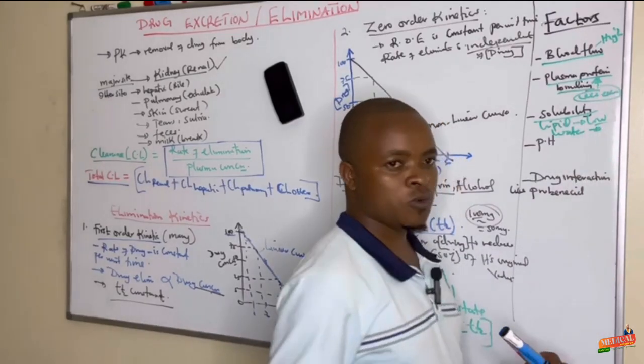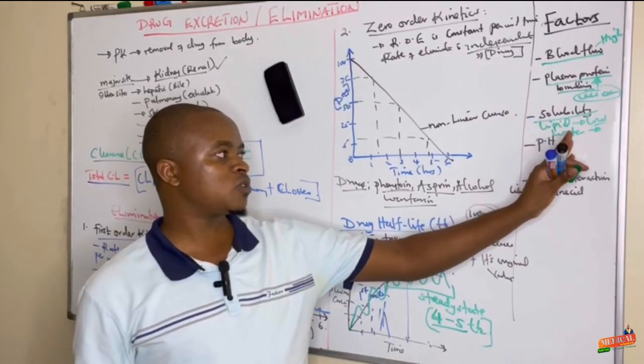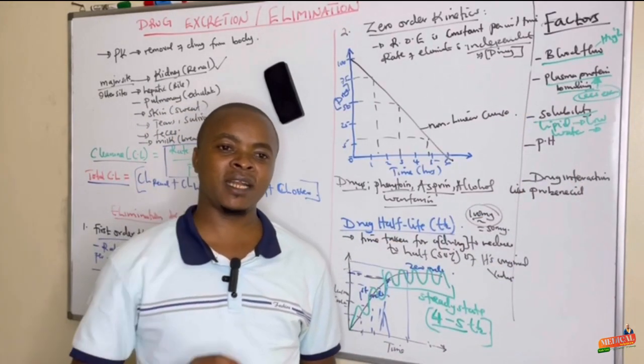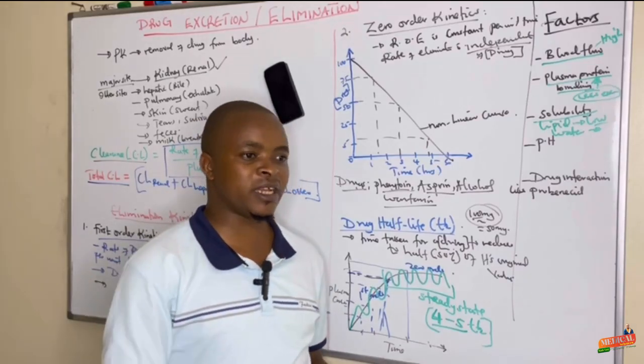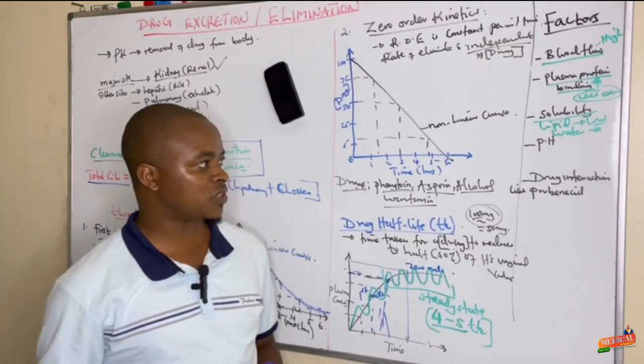That's why biotransformation occurs to convert lipid soluble drugs to water soluble drugs to enhance their elimination. Once they are lipid soluble, in the kidney nephron they are reabsorbed back, hence reducing the rate of excretion.